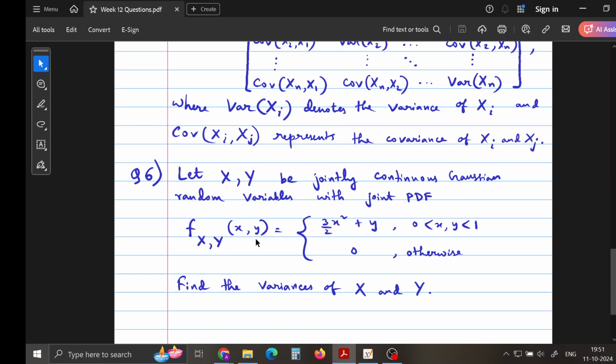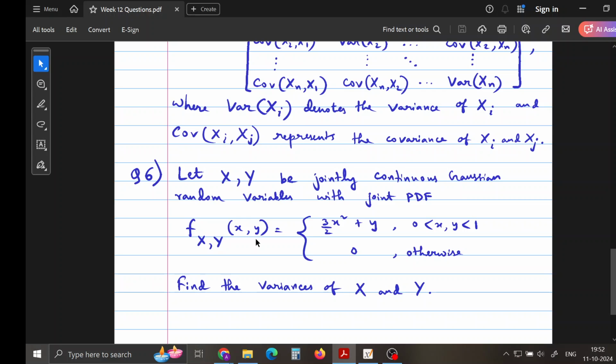Given this, you have to find the variances of x and y. So how do we do that? Whenever we see this PDF, we think of some expectations, and at the end of the day, we have to find the variances of x and y.